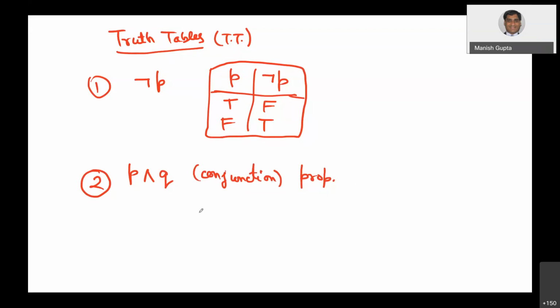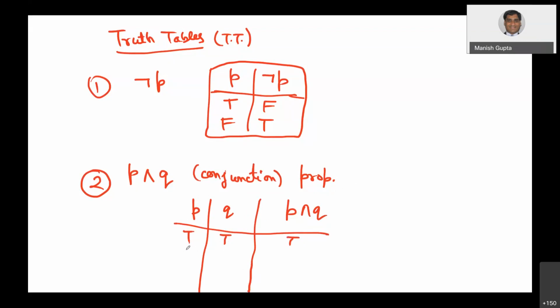Let me describe the truth table of conjunction. If P is true and Q is true, the meet is true. If one of them is false, then it is false.